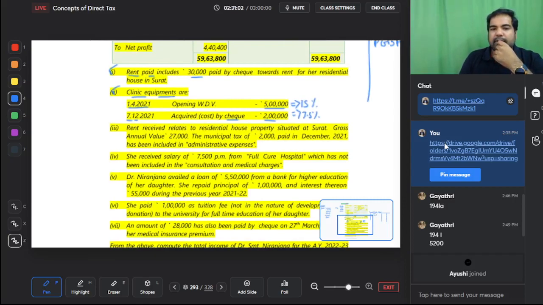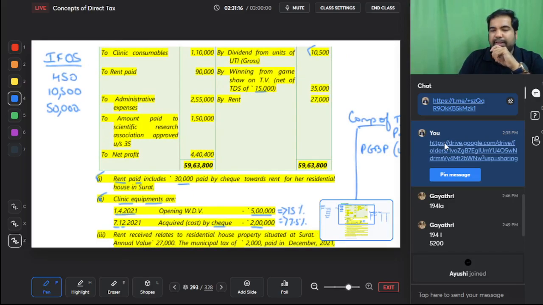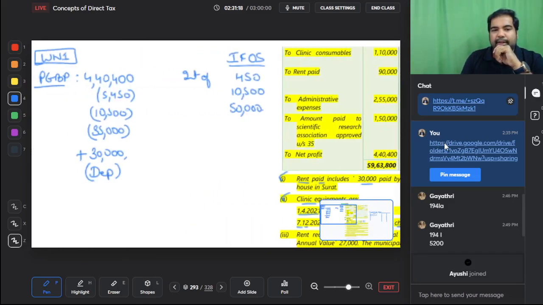Rent received relates to a residential house property at Surat. Gross annual value is 27,000. Municipal tax 2,000 paid in December 21, that is during the year, has been included in administrative expenses. Rent received, guys, here 27, so you've added it. I'll have to minus 27 and take it to IFHP.